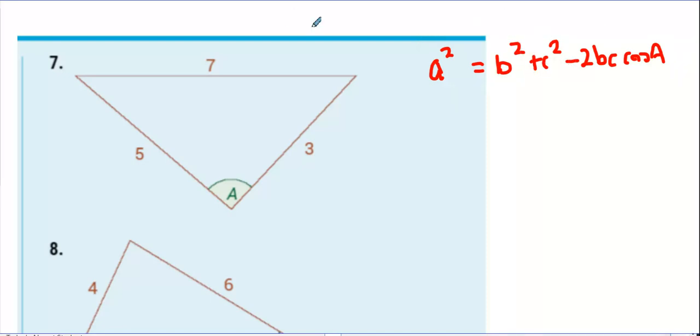Okay, try this one out. Once again, protective shield around this guy here. Can't touch it. Okay. Small a, small b, small c.